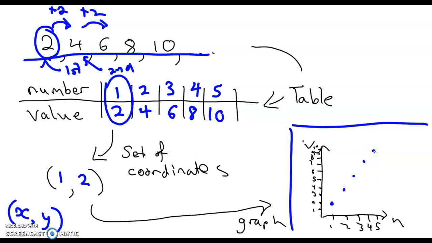And you can see those points form a sequence and a pattern that goes up by 2 each time and forms a nice straight line. So we went from a sequence of numbers or some sort of number pattern to graphing it.